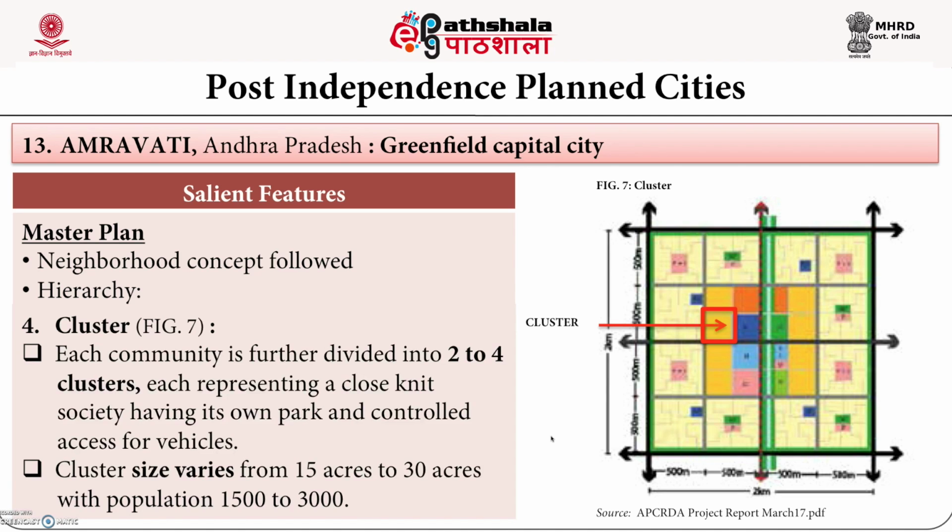These communities were further divided into 2 to 4 clusters, each representing a close-knit society having its own park and controlled access for vehicles. The cluster size varied from about 15 acres to 30 acres with a population of 1500 to 3000.